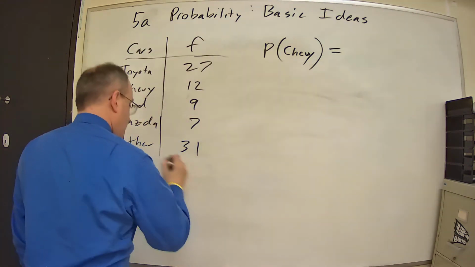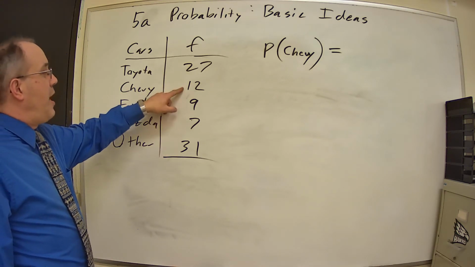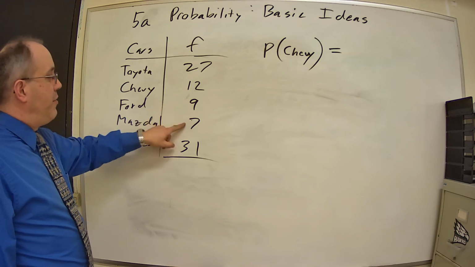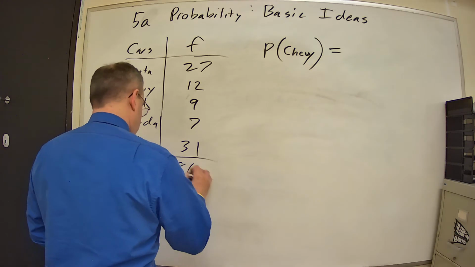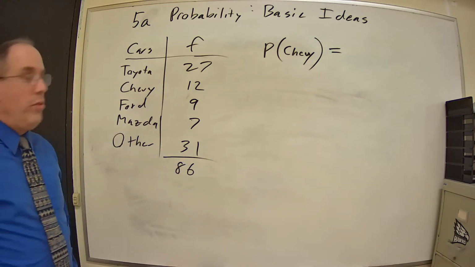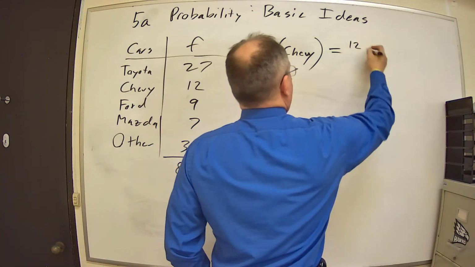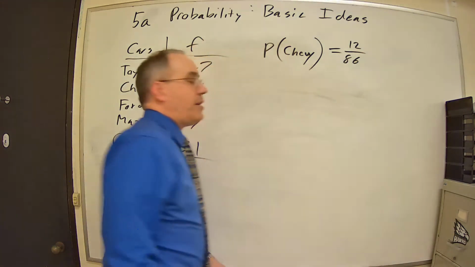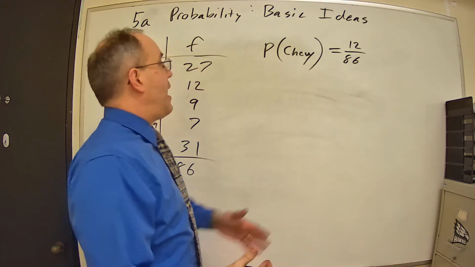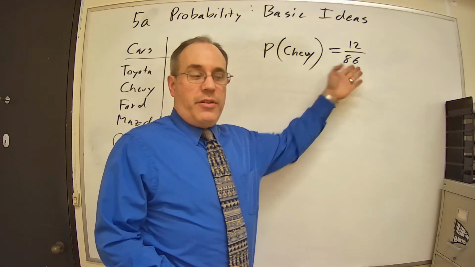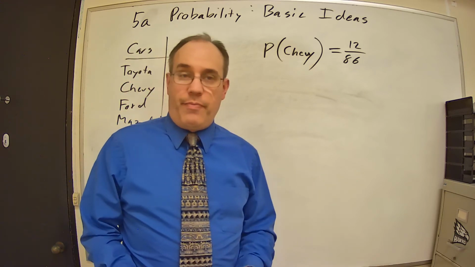Well, how many do we have in total? 27, 39, 48, 55, 86. So I have 86 total, and there are 12 Chevys, so it's 12 over 86. Now, I don't care whether you leave a probability as a fraction or whether you convert it to a decimal. To me, that doesn't matter.